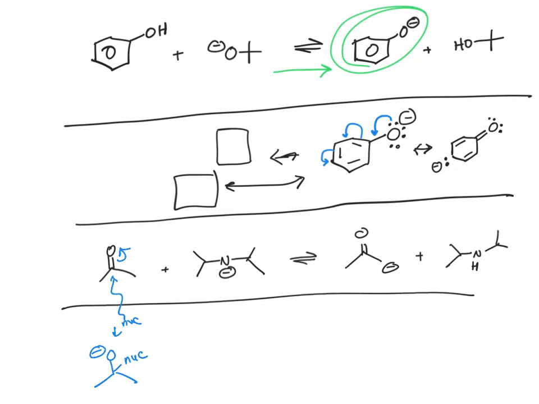The reason that I bring this up is that we need a non-nucleophilic base in order to carry out deprotonation at this alpha position instead of nucleophilic attack. So our acid-base reaction is going to be one where we remove this alpha proton.